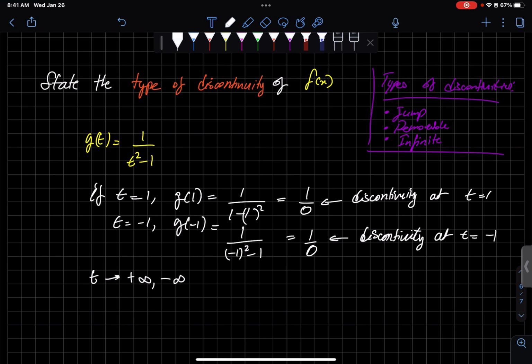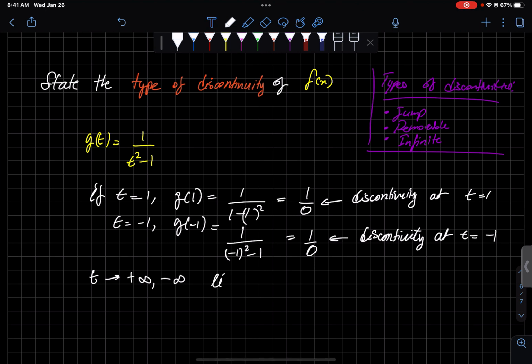Okay, so how's this function behaving as t approaches positive infinity? You can see as t gets really big, this minus 1 in the denominator becomes inconsequential, right? So as t gets bigger and bigger, this function goes to 0, right?